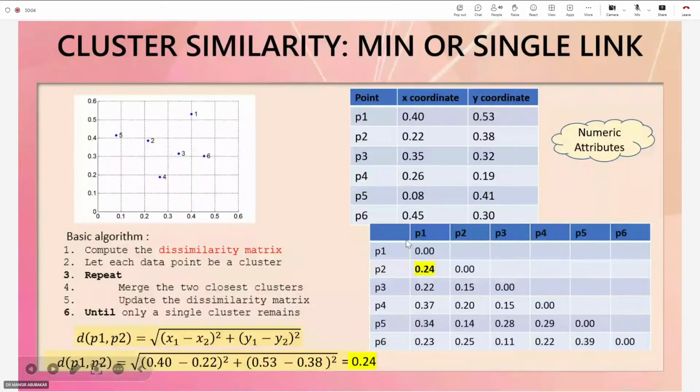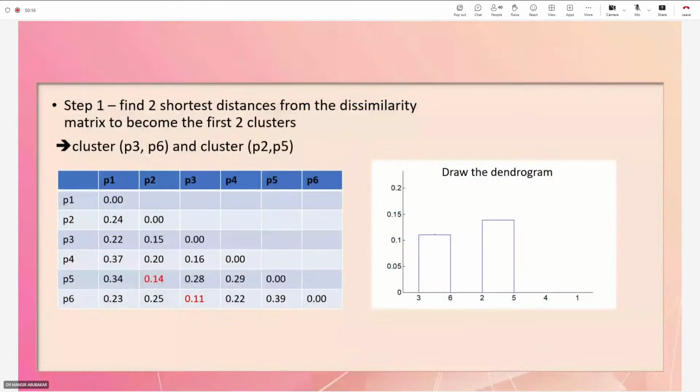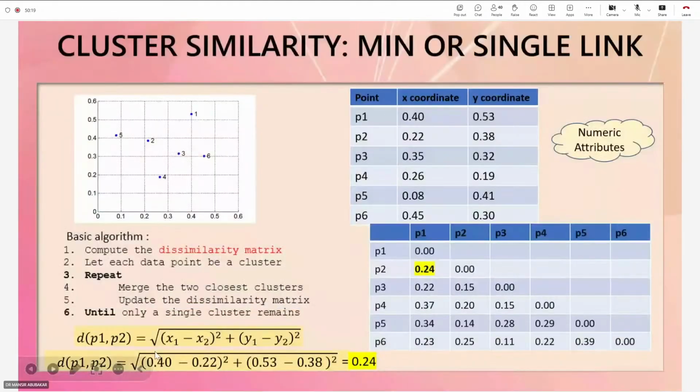And then the matrix is also calculated using those points. So compute the dissimilarity matrix using the Euclidean distance function. We substitute the values here, for P1 and P2. What is the distance between P1 and P2? You can use the table here.